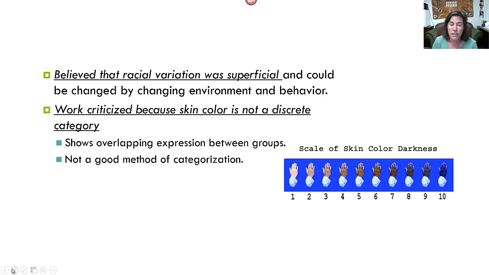His work was criticized, though, because skin color is not a discrete category. It's not a discrete variable. It shows overlapping expression between groups and thus is not a very good method of categorization.